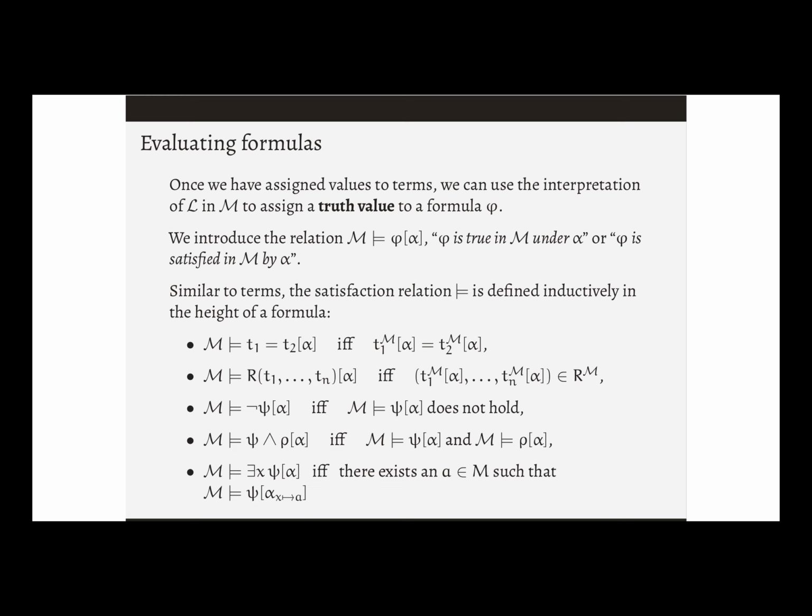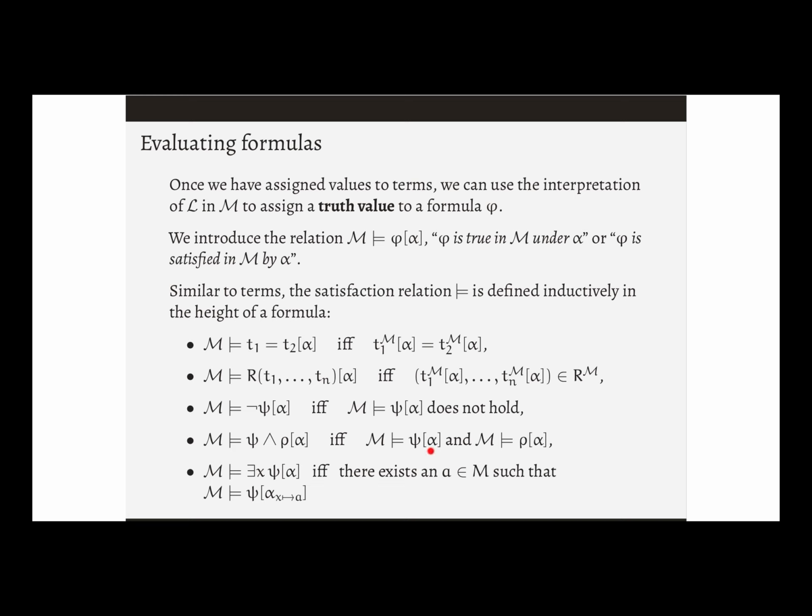Once we have the two base cases, we can move on to the cases where we build up new formulas using the logical connectors. The negation symbol is pretty clear. This holds if and only if the negated formula does not hold in M, or is not satisfied there.